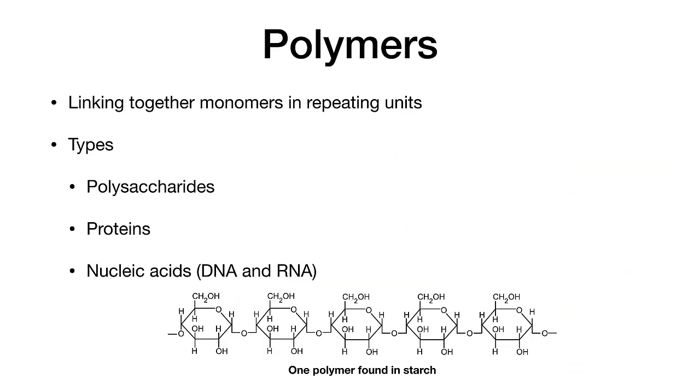This variable group dictates the unique properties of the amino acid. These 4 monomers that we just talked about will link up to form 3 common polymers: polysaccharides, proteins, and nucleic acids. Polymers can be very simple. As an example, starch contains long strings of just 1 monomer, glucose, hooked together. Polymers can also be very complex.